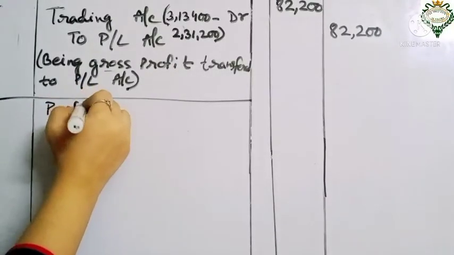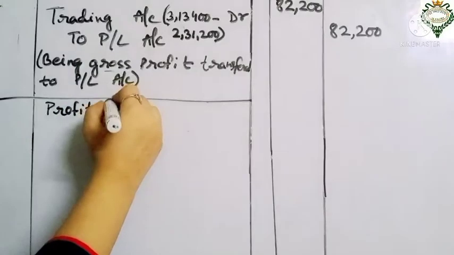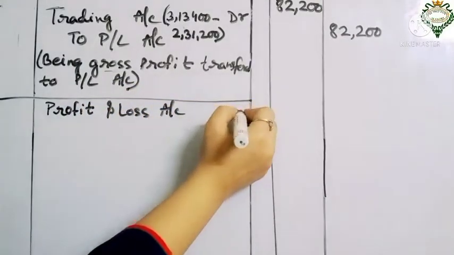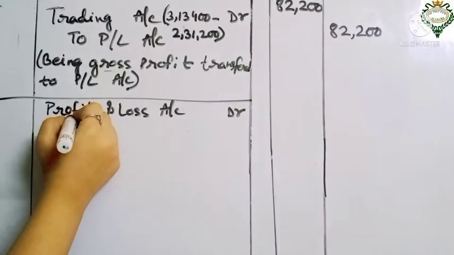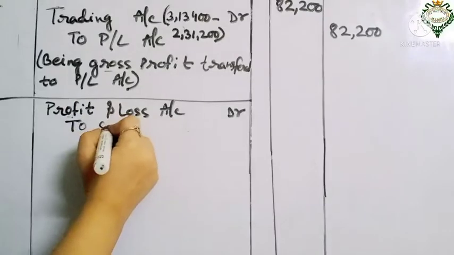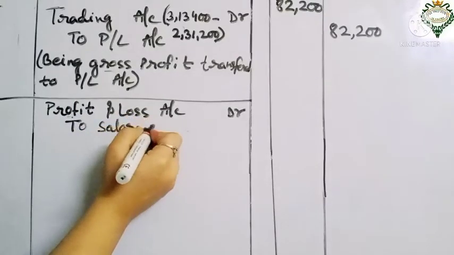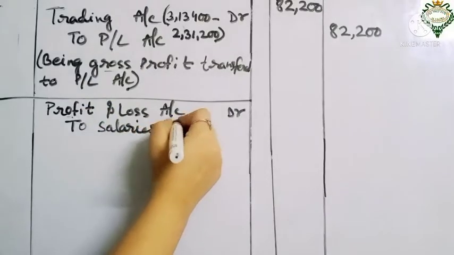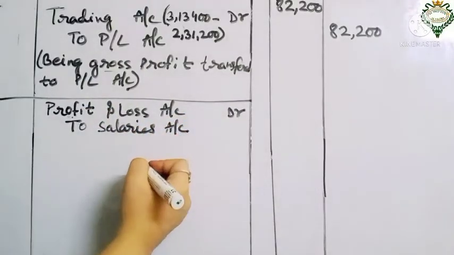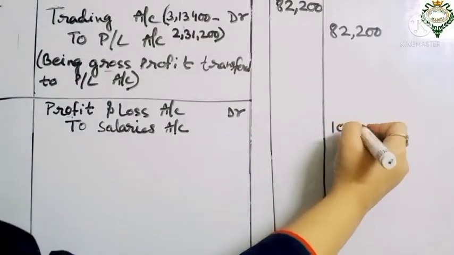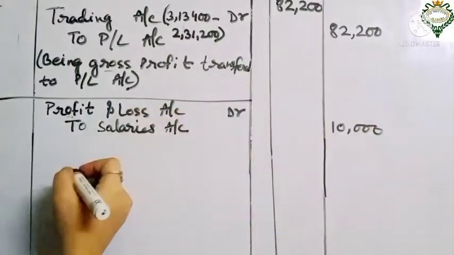So we will write profit and loss account debit to salaries, okay. So under profit and loss, this sort of things come under profit and loss to take out the net profit, okay. So to salaries is 10,000, okay.